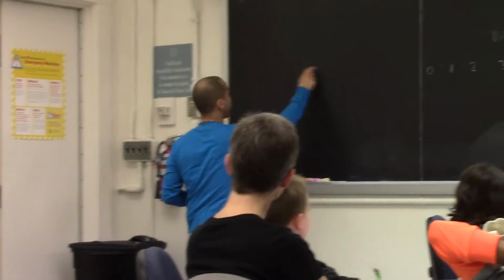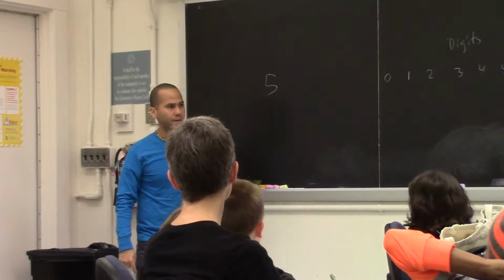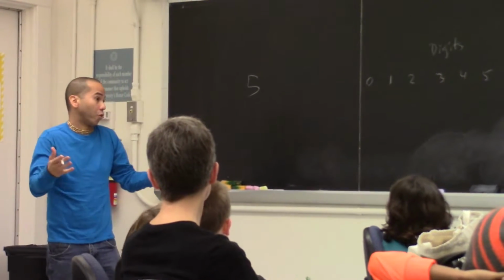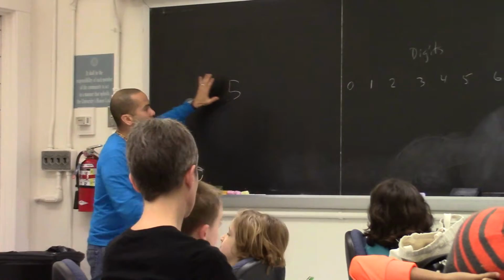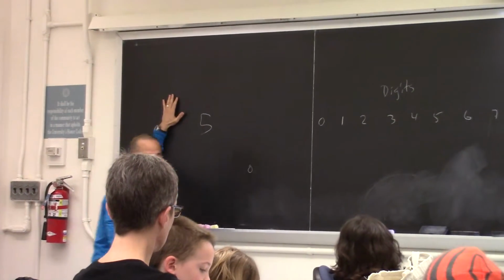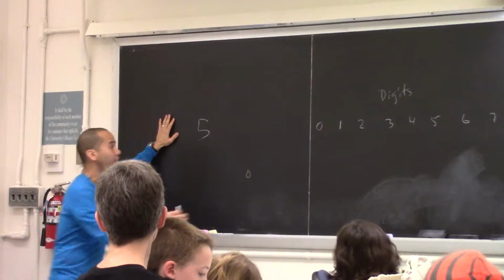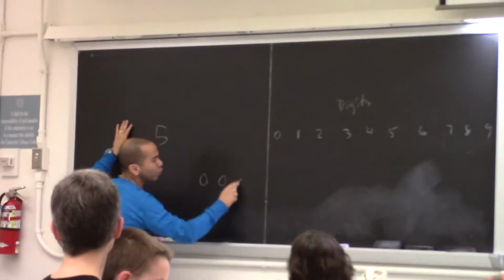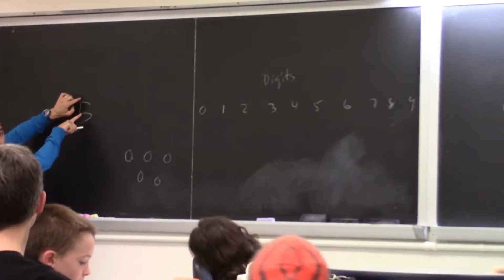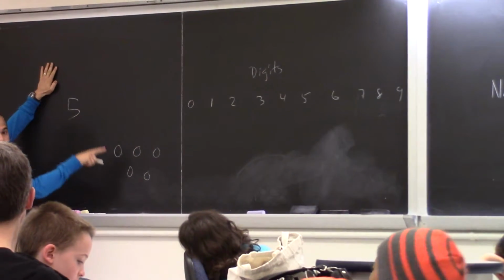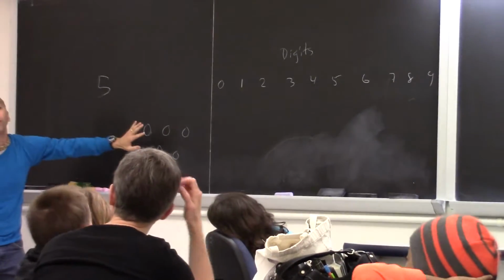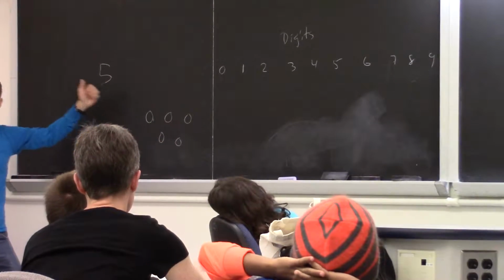Like we use this symbol to represent what? It represents 5 things, 5 objects, or just 5. If I have 5 pizzas, what I am doing when I say 5 is establishing what is called a correspondence between those 5 pizzas and the number 5.